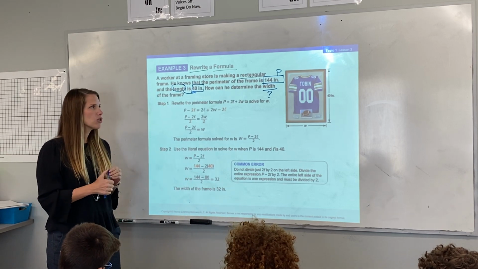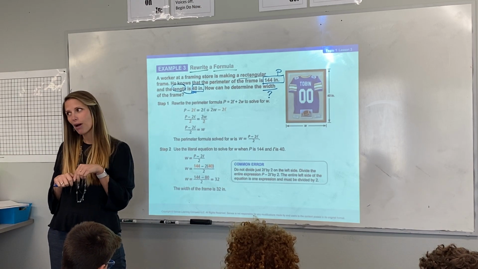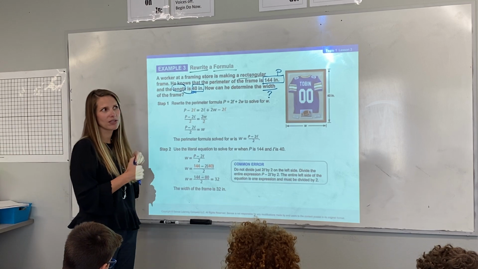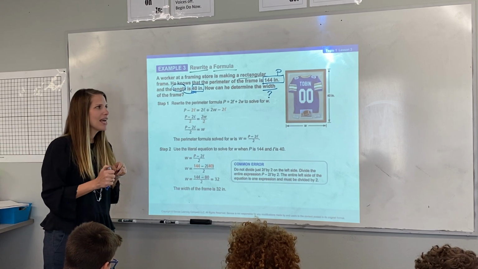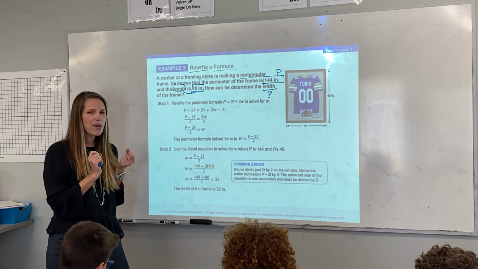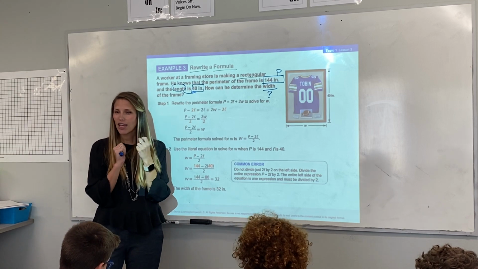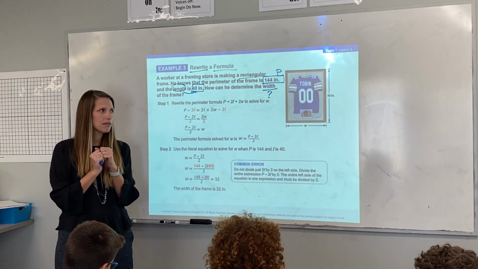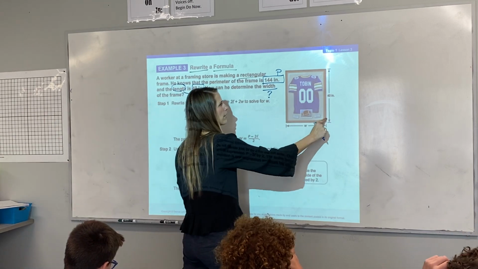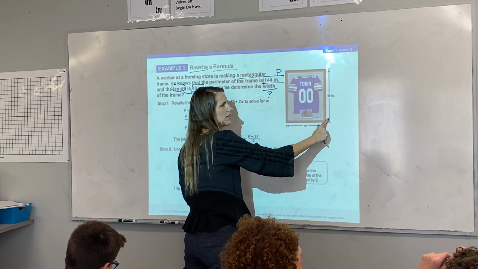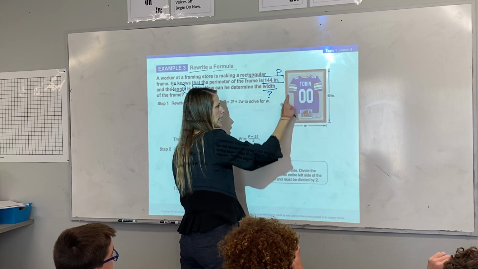Now, because a rectangle is a very special polygon with 2 pairs of parallel sides and 4 right angles, it has pairs of sides that are equal to each other. Like the length on this side is equal to the length on this side.